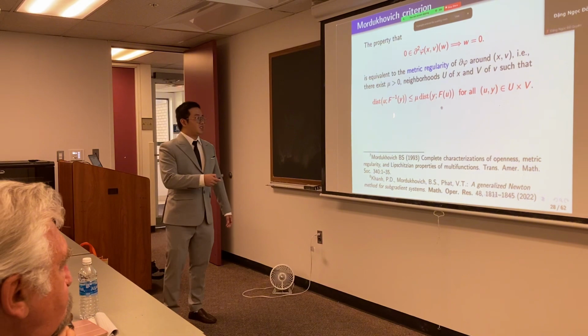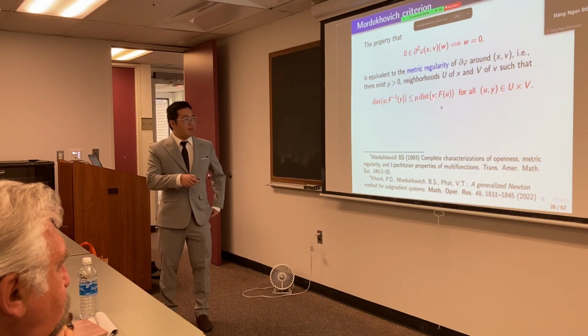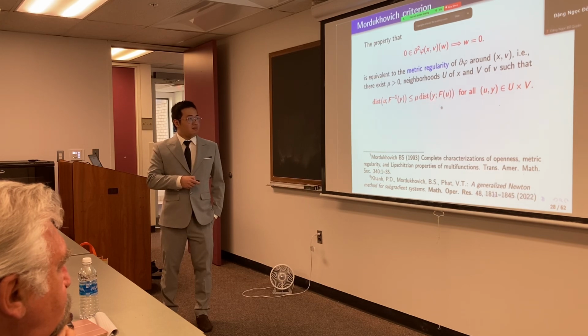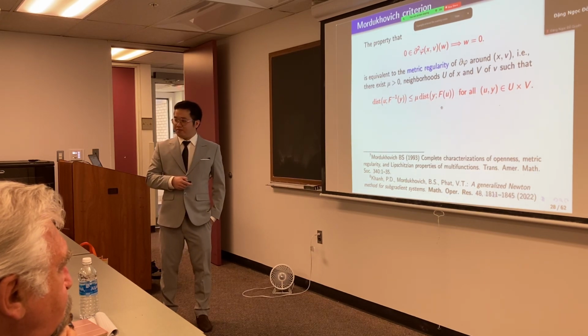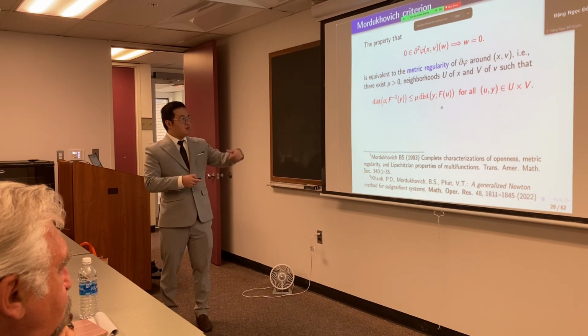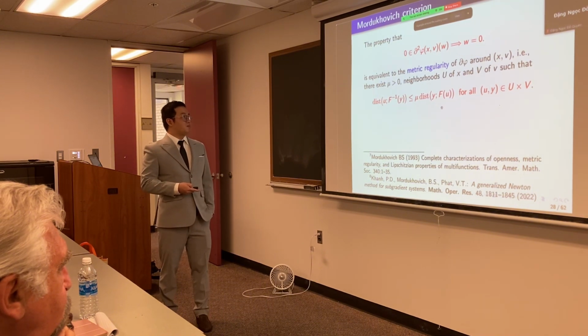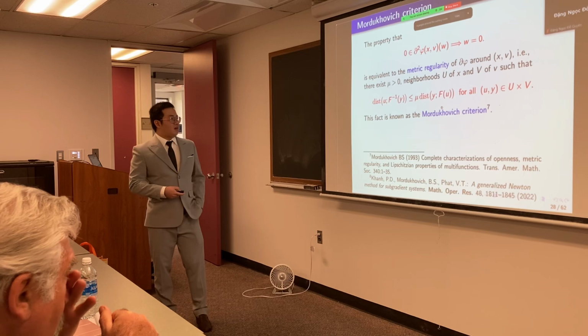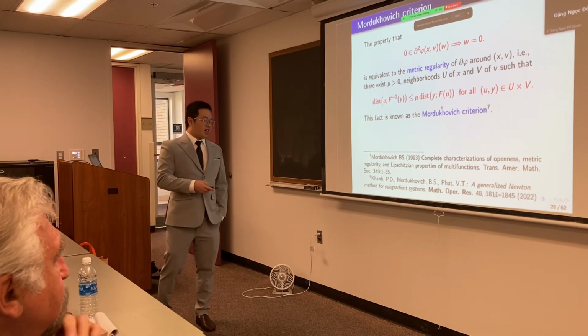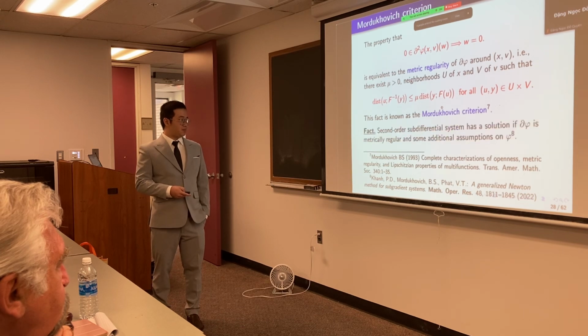The left side is very difficult to determine, but we can compute the distance between y and the value of f, so we can estimate the value of the inverse based on the distance from any point to the value. That is the error bound, and this is known as the Mordukhovich criterion. You can find more about this in the paper of Mordukhovich in 1993.